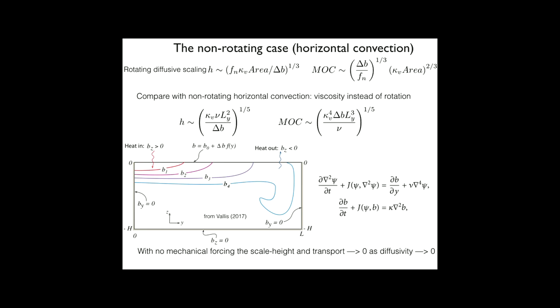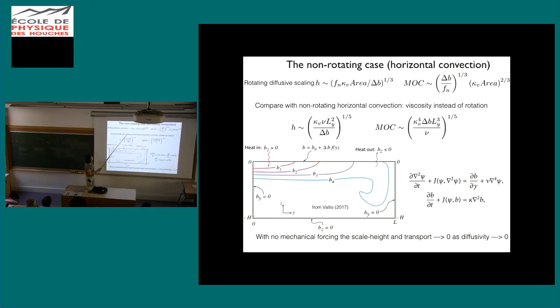Now this diffusive limit, with rotation, should be compared to the non-rotating horizontal convection that Bill talked about in his first lecture. This is called Rossby scaling, and it also depends on the diffusivity. In that case there is no rotation, so in the momentum balance, the temperature gradient, instead of being balanced by the Coriolis force through thermal wind balance, is balanced by viscosity.